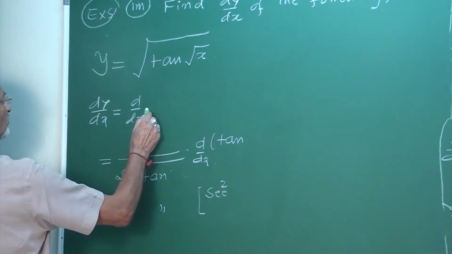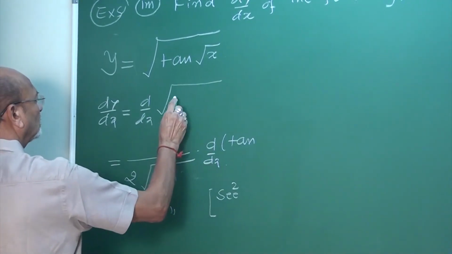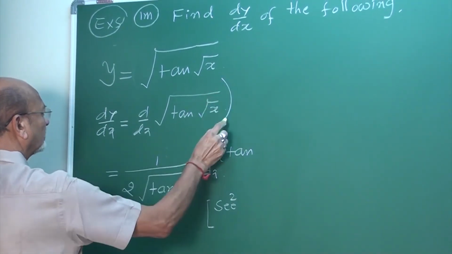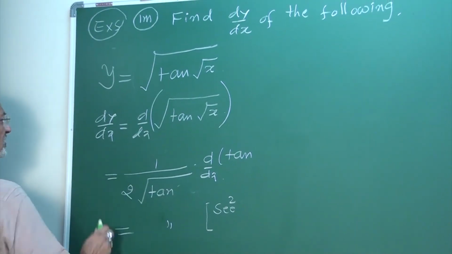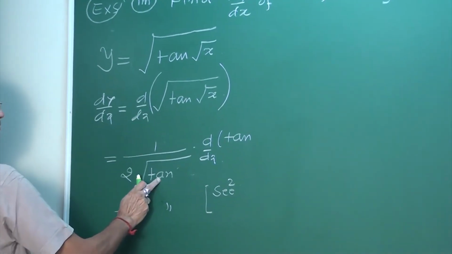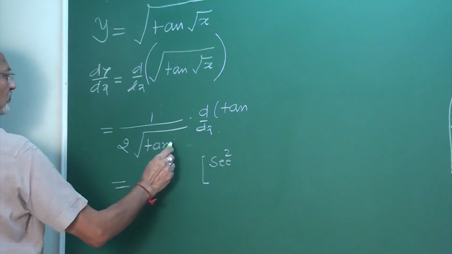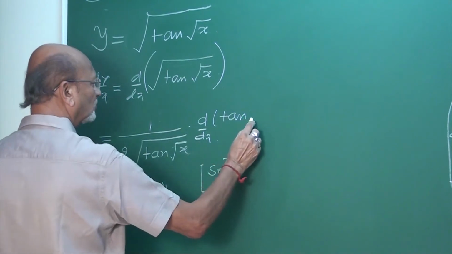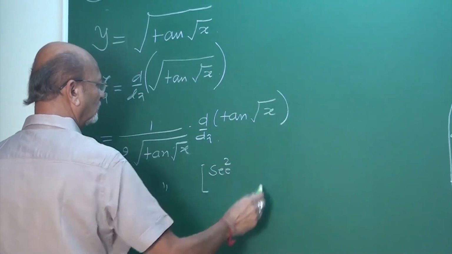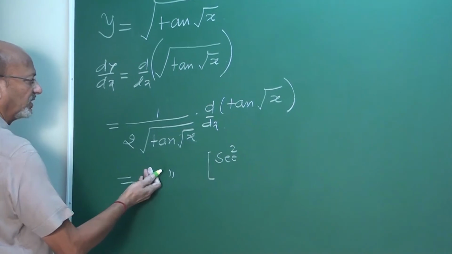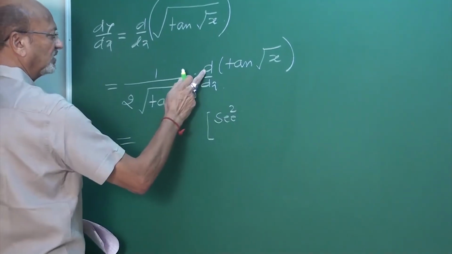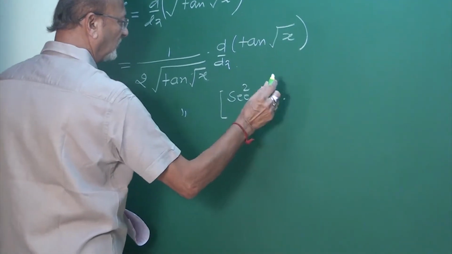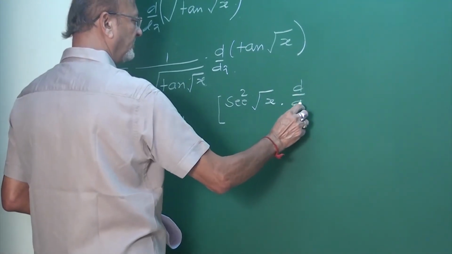D by dx of root tan root x. Instead of 3x, it is root x, my friends. Easy. Root: 1 by 2 root f into derivative of inside the square root here. This is same, my friend. What is this? Derivative of tan is sec square. What is the angle? Root x. Tell, what about root x, my friend? Other than x, write its derivative.